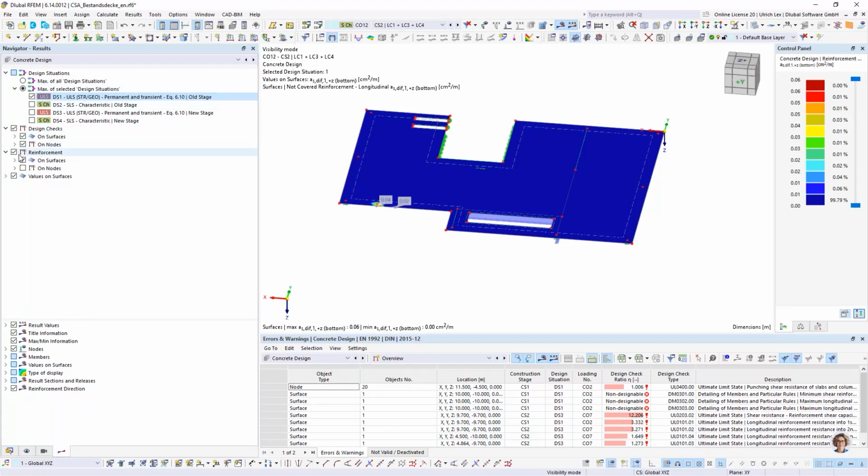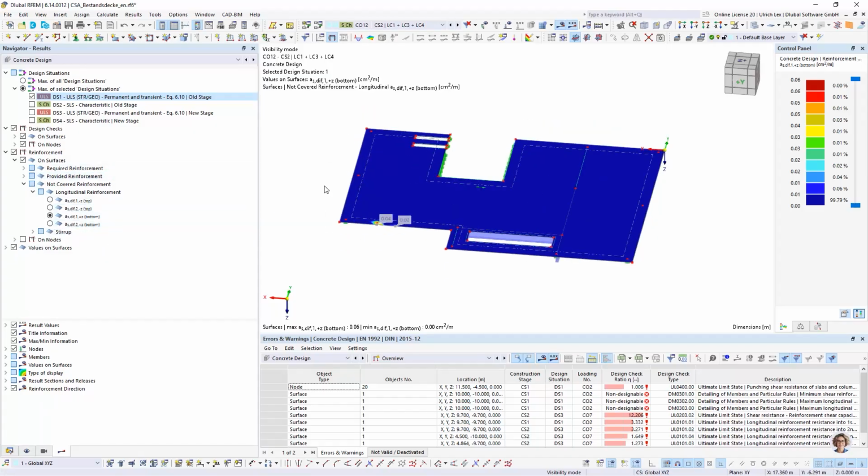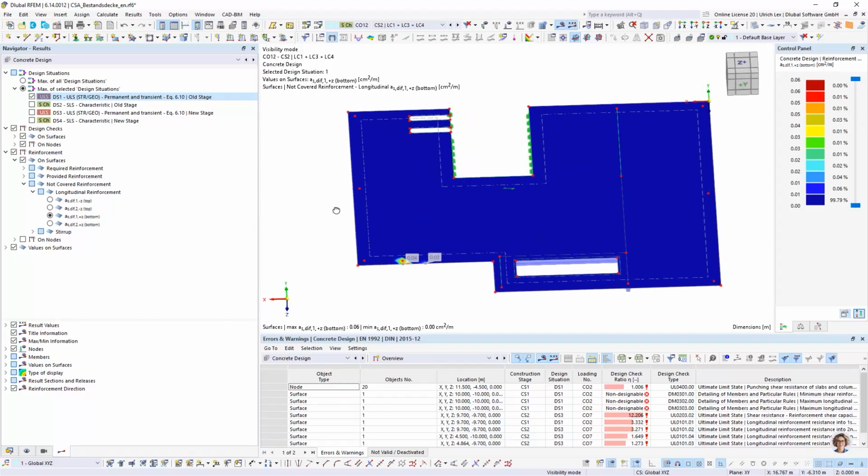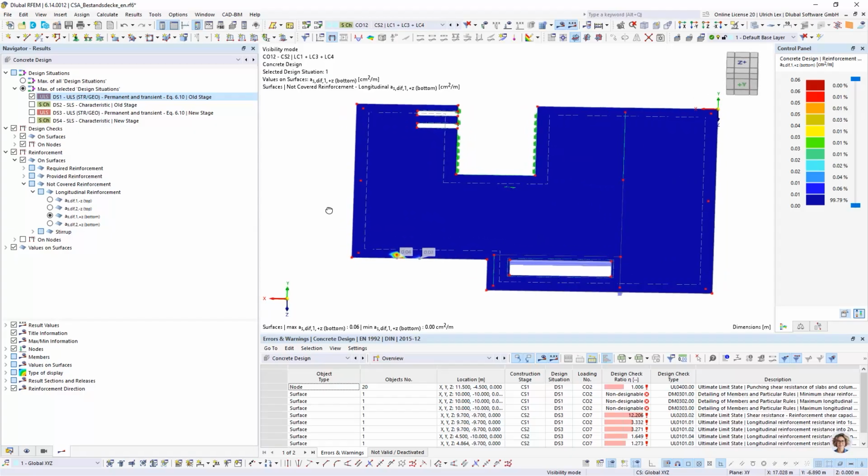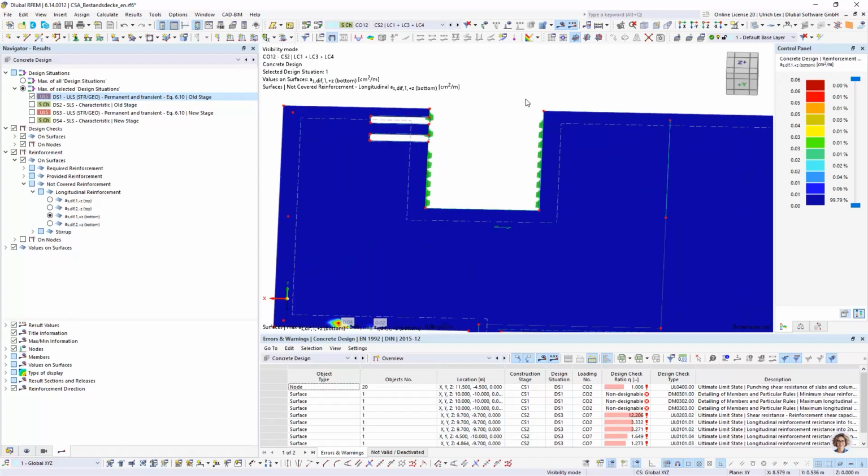For the old stage, when we take a look on the reinforcement on surfaces, and here maybe the not covered reinforcement, we see that for the old state, the reinforcement is okay.